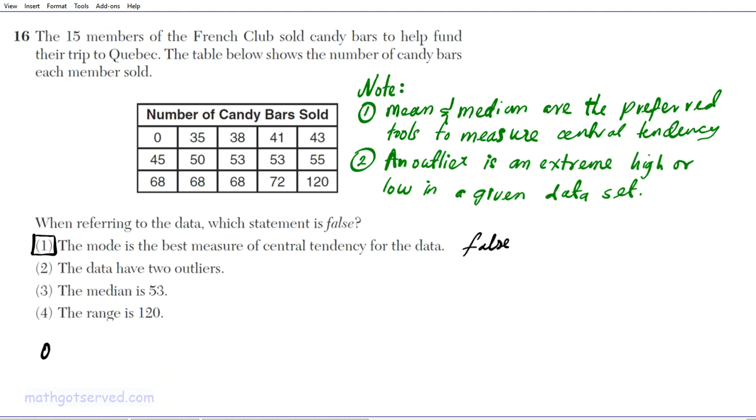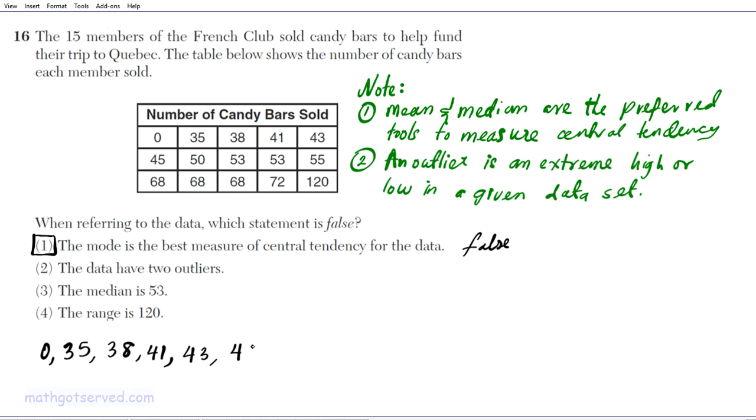We have 0, 35, 38. The nice thing about this data set is that it has already been ordered for us. And if you notice in part 3, we're looking for the median, and then we're also looking for the range. In order to accurately determine these, your data set must be sorted in ascending or descending order.